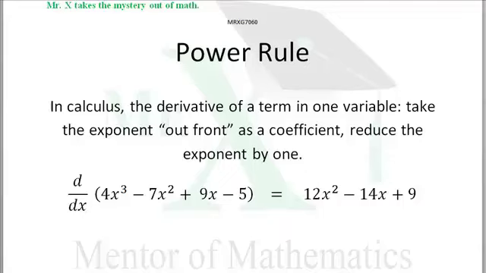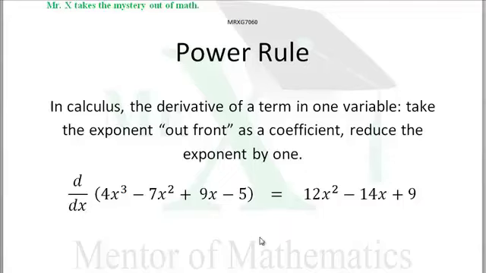Now, if you already know the power rule, that's great. If you're new to the power rule, though, I would ask you to latch onto this language. We read this as the derivative with respect to x of the quantity 4x cubed minus 7x squared plus 9x minus 5 is equal to 12x squared minus 14x plus 9.